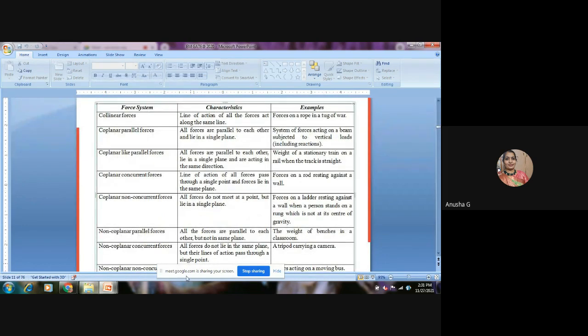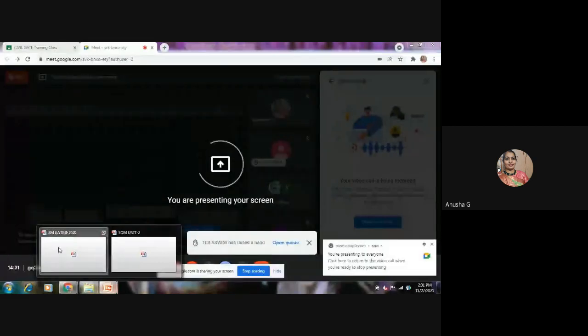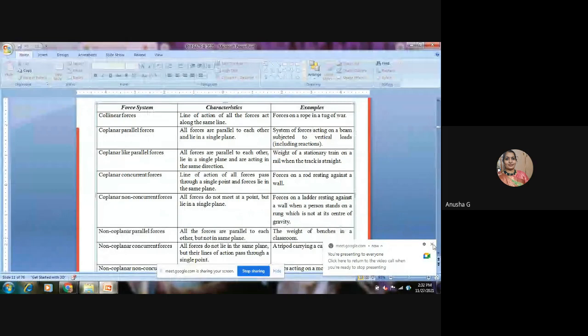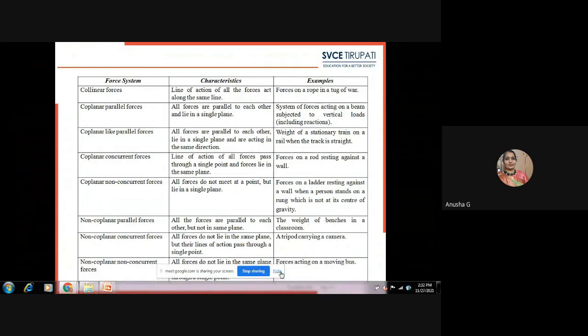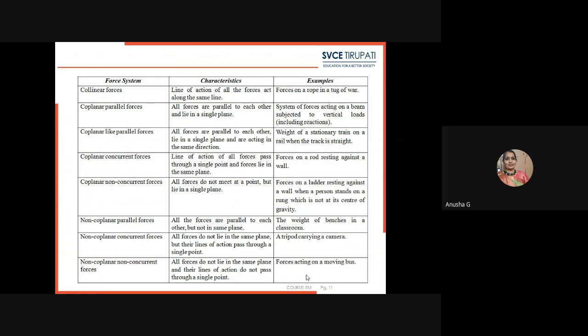Now we'll see the next point. Here you can observe the force systems, the different types of force systems.